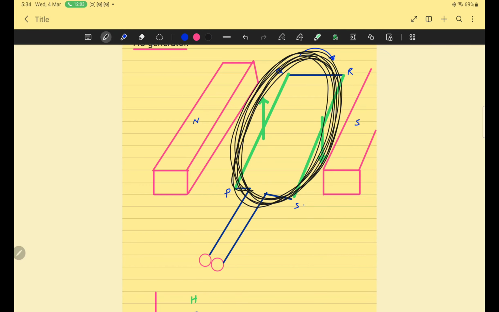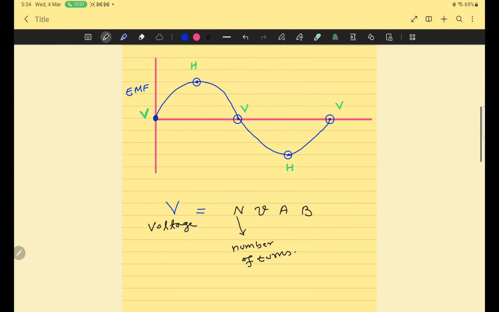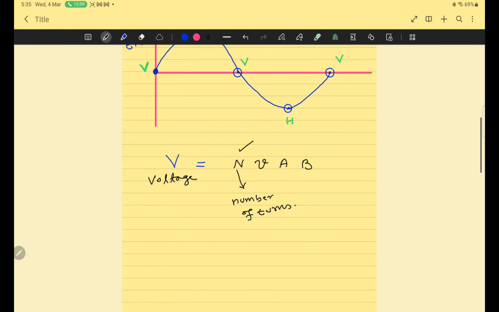So when I wind the coil on the frame, the number of turns defines the voltage value. If the number of turns is greater, then greater voltage will be produced. If the number of turns is lesser, then less voltage will be produced. So this N represents the number of turns.